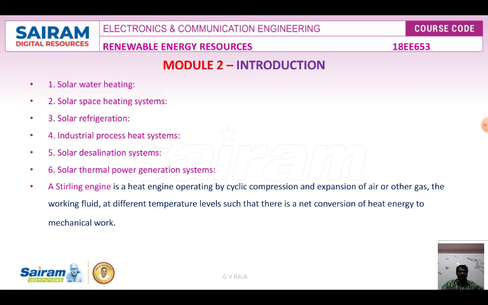Inside the collector there will be evacuated tubes where the water will be flowing, and based upon the sun's radiation incident on that particular plate, the water flowing in the tube will get heated. The outlet is hot water, the inlet is cold water. So solar radiation is converted into heat energy. This is the concept.